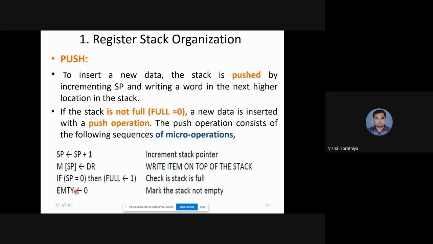After every push, you need to check whether it is the last location of the memory. If it is not the last location, make the empty flag equal to 0; otherwise make full equal to 1. It indicates whether the next push can be executed or not. So this is the micro-operation sequence executed behind the push.